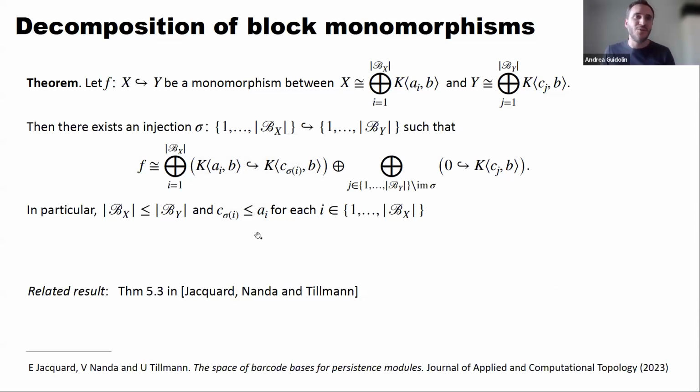Here, I just wanted to mention that there are results related to this theorem in the persistent homology literature. One such result is in this paper by Jacquard, Nanda, and Tillman.